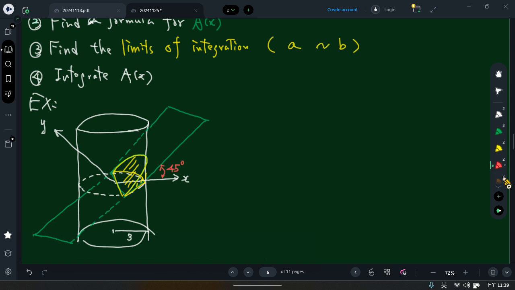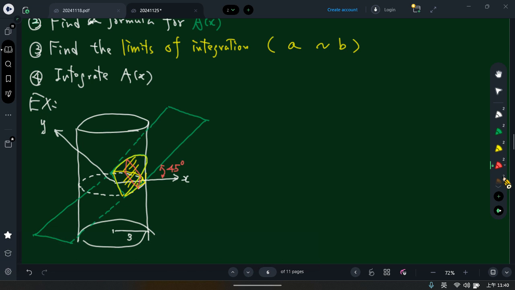We need to have a cut. So if we want to get a solid, we should use a plane to cut from x is 0.